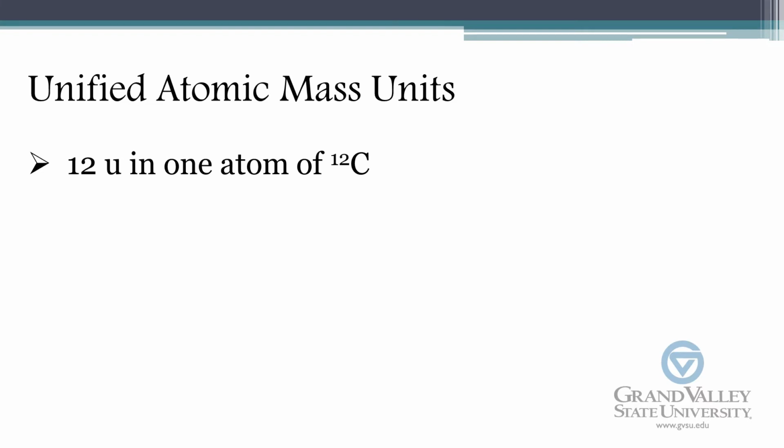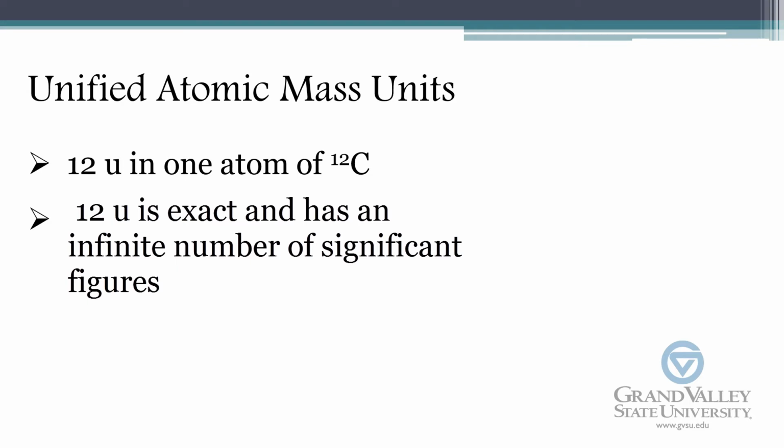You might have noticed in the calculation of average atomic mass that carbon-12 had a mass of 12.0000 unified atomic mass units, when actually it is equal to exactly 12. It can be considered to have an infinite number of significant figures.